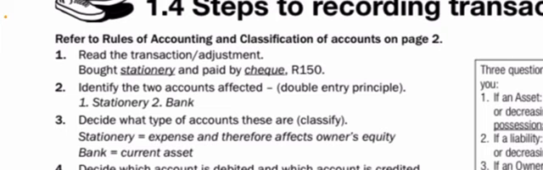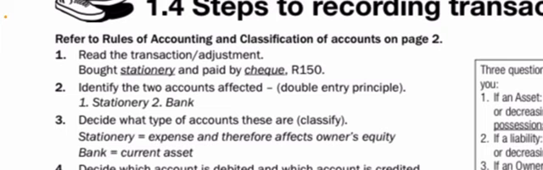And that expense is paid by a check, okay? A check, we all know, is from the bank, right? So that means the bank decreases. You are decreasing the amount that you have in the bank, because now you are paying 150 to the person that's going to give you stationery.